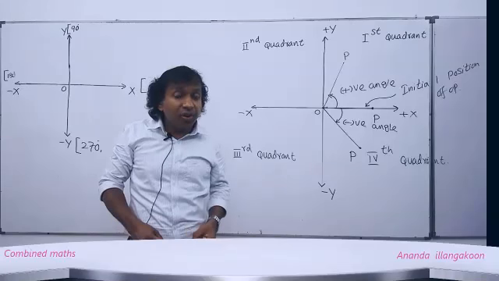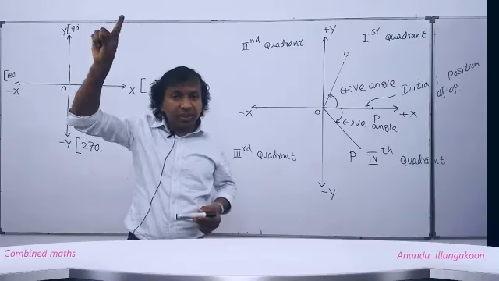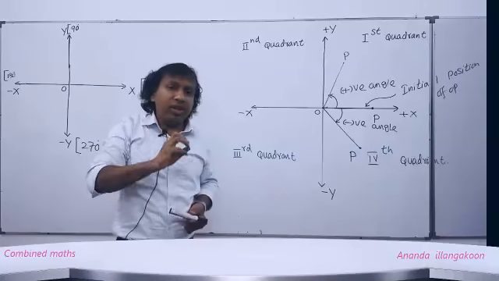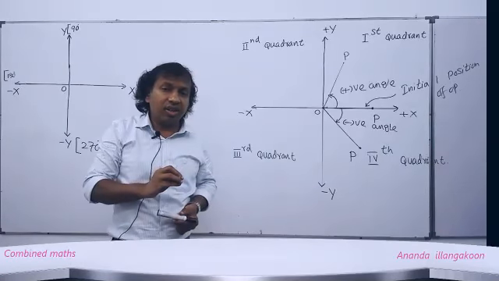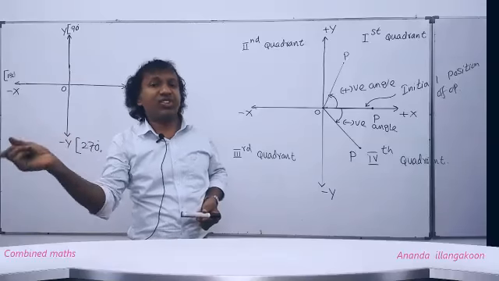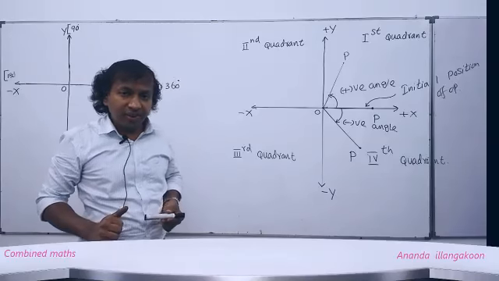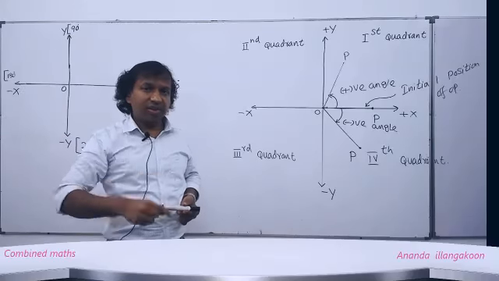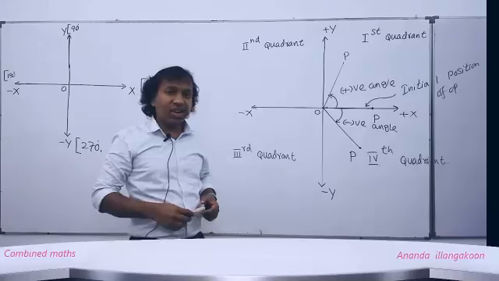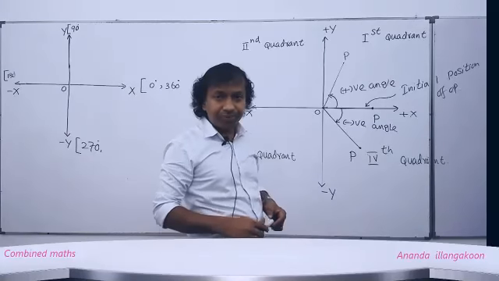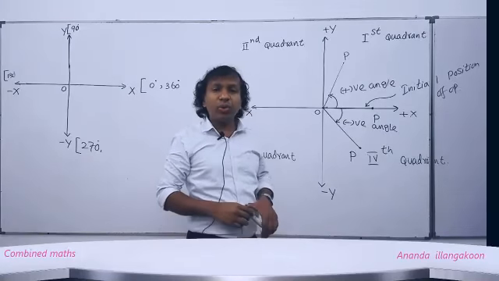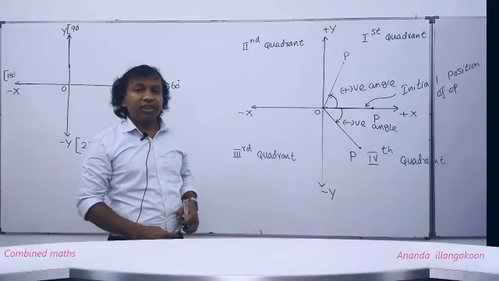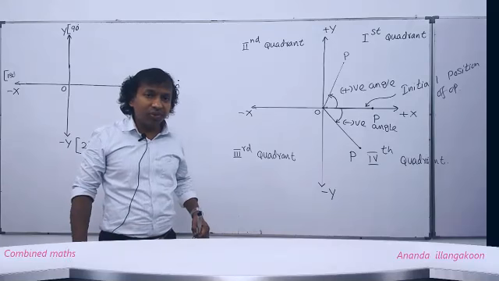Like that, people. Once this OP completes an extra round, another 360-degree angle is added to the previous angle. So people, you have been taught in your O levels that the maximum angle is 360, no?